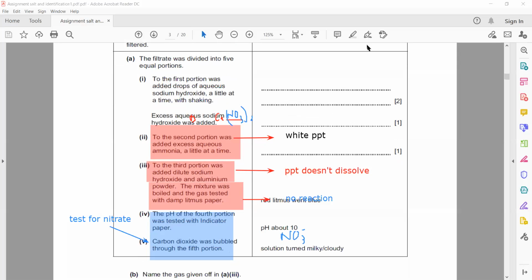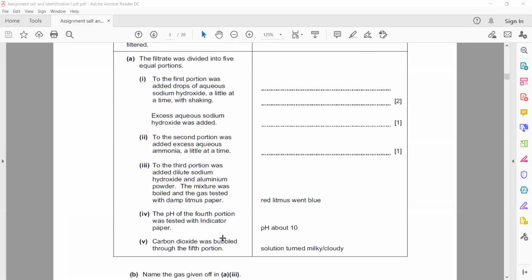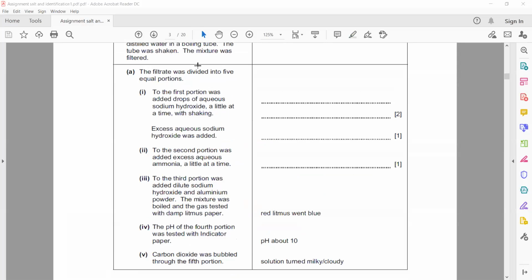The pH of the fourth portion was tested, and the pH was 10. What does it indicate? If the pH of the solution is 10, what does it contain? It's an alkali.